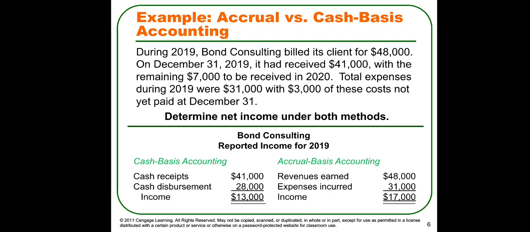Cash out or cash payment is 28,000. So the net income is actually the net cash, cash in minus cash out. That is what cash basis accounting shows. Accrual basis accounting shows what had happened during the year. So the profit can be said to be more accurate compared to cash basis accounting.